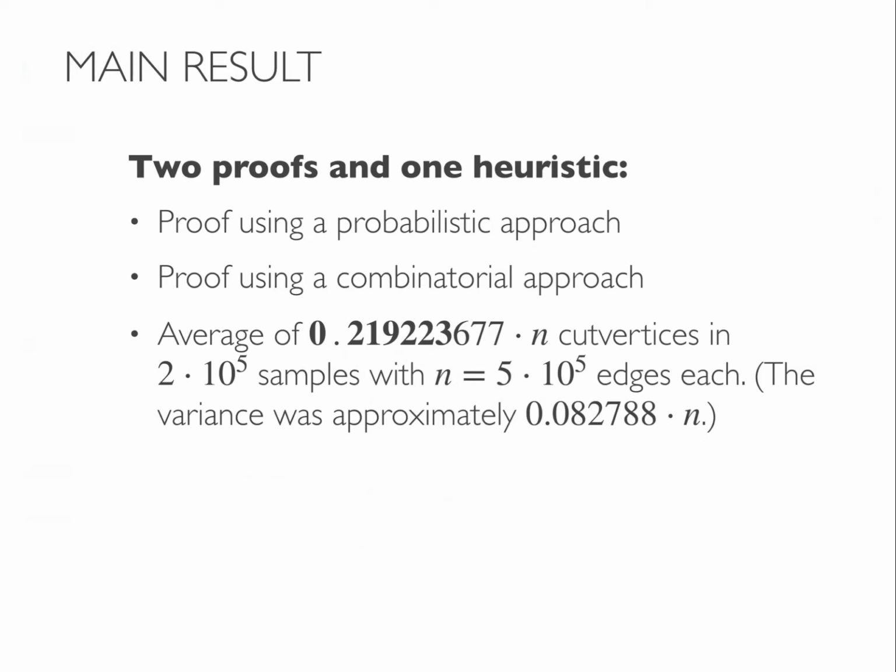We've also made simulations of around 200,000 samples, each having precisely 500,000 edges. And the average number of cut vertices obtained is already very close to the constants obtained in the proofs. The first 6 digits after the dot were correct.